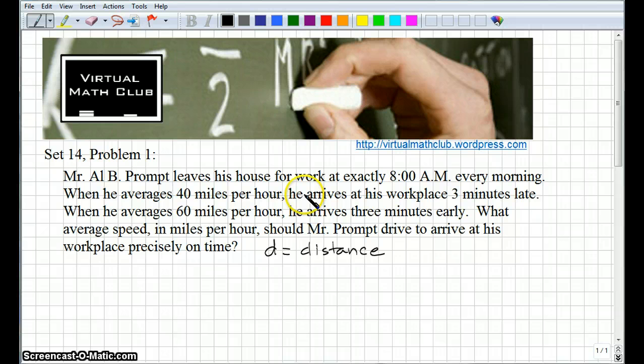I think we can assume that he's driving the same route every day, so the distance he drives at 40 miles per hour and at 60 miles per hour is the same. That's a pretty safe assumption since it says he's going from his house to work, and it's probably the same distance every day.